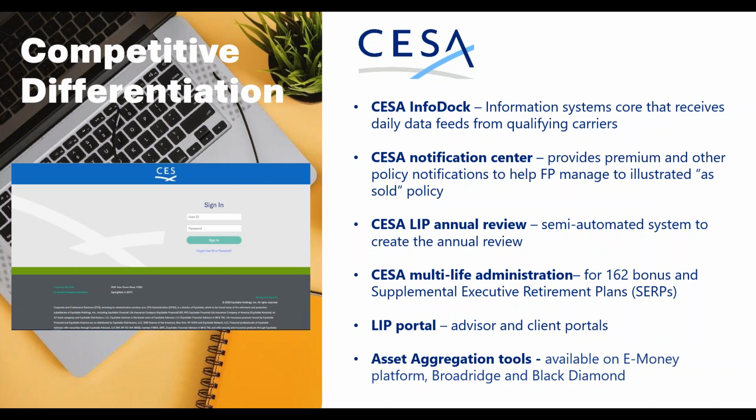We're going to do an automatic policy review every single year. It's automated. Well, we call it semi-automated because we're going to send a note out to you and say, would you like us to generate your annual review now, or would you like us to wait? Now, the reason we do that is since they're so close to policy anniversaries, hand up if you've ever had a client pay their premium on time every single year for the life of a contract.